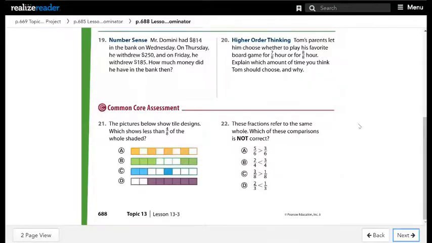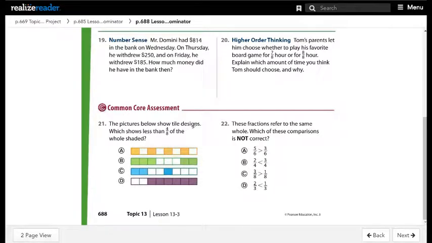Question number 21. The picture below shows tile designs. Which shows less than 4/8 of the whole shaded? In part A, we have 4 yellow parts shaded out of 8.